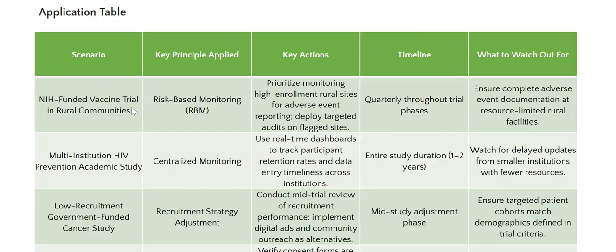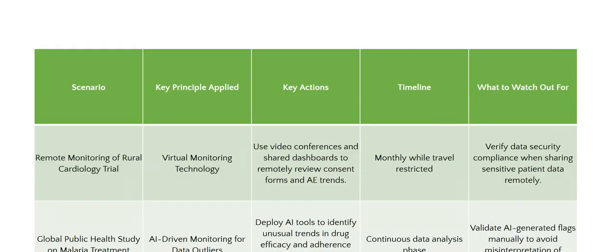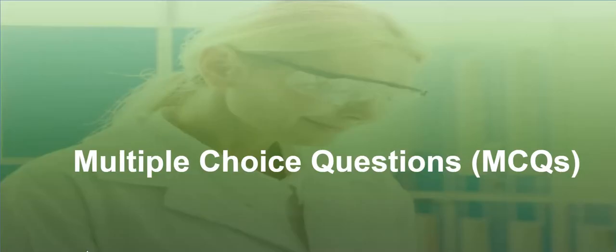Scenarios: NIH-funded vaccine trial in rural communities, a multi-institution HIV prevention academic study, low recruitment government-funded cancer study, rare disease pediatric trial, COVID-19 behavioral intervention trial, academic study on diabetes in underserved areas, public health and nutrition trial using eTMFs, multi-site VA mental health study, remote monitoring of rural cardiology trial, and then global public health study on malaria treatment.